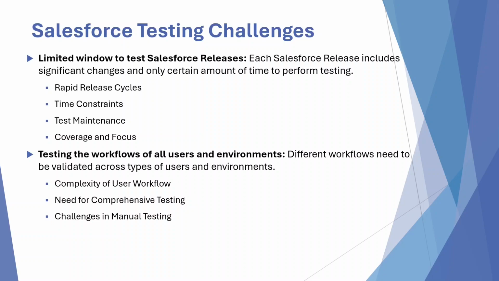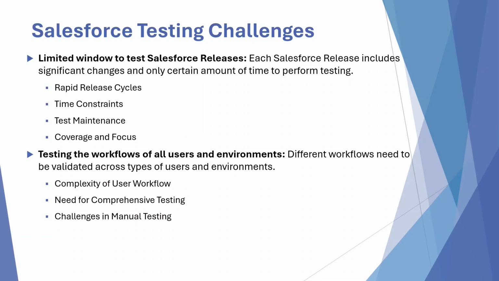And then time constraints. The period between when a release is available for testing and when it is deployed to production is often limited. This limited testing window can be particularly challenging because it requires quick adaptation. And then test maintenance.